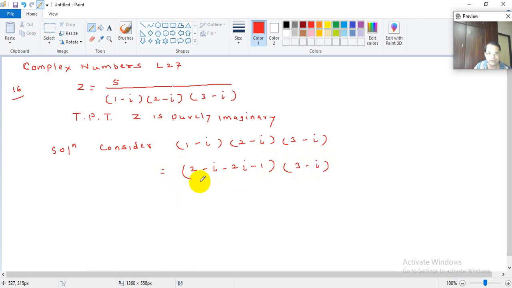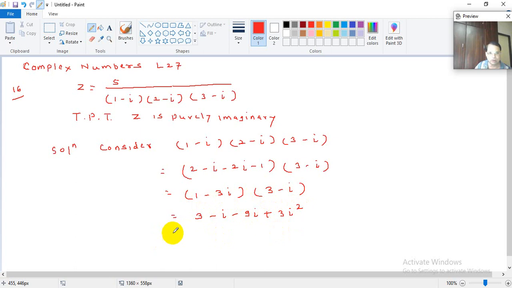Okay. Now what happens here? This is 2 minus 1, so it is again 1. And this is minus i minus 2i, so minus 3i, and to that I have to multiply by 3 minus i. Now what happens here? Again take that product. 1 into 3 is 3, 1 into minus i is minus i, minus 3i into 3 is minus 9i, and this is minus minus plus 3 into i squared, but i squared is minus 1, you know, so this is plus 3 into i squared.